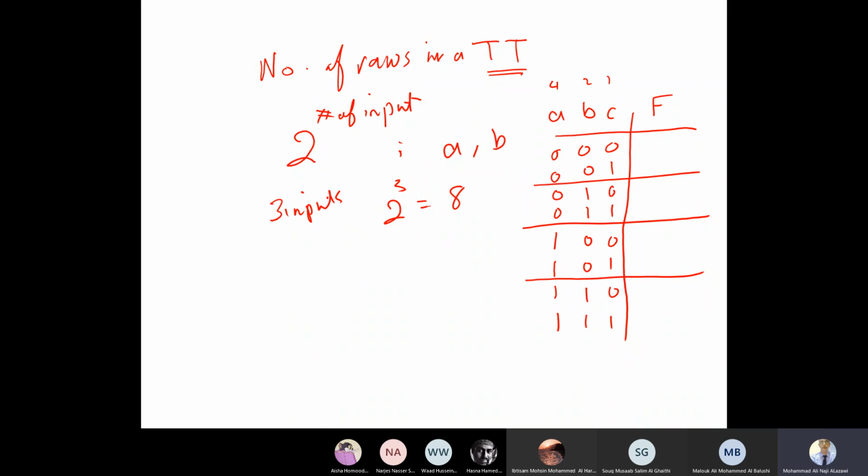Now, F. The question says F is 1 if ABC is greater than or equal to 5. Now, if you find the value of ABC, here it's 0, here's 1, 2, 3, 4, 5, 6, and 7.